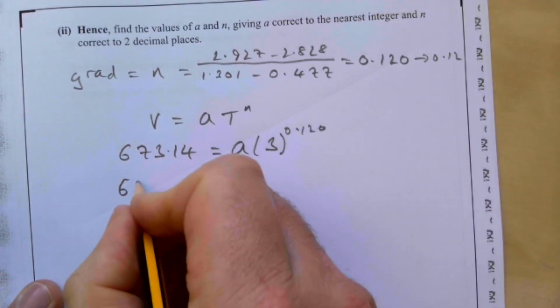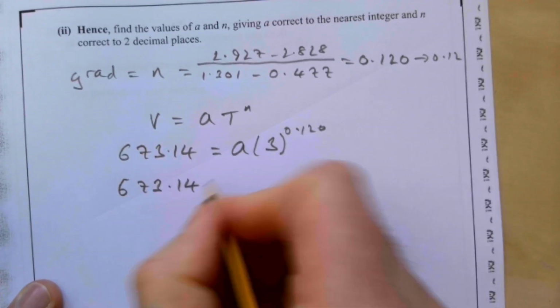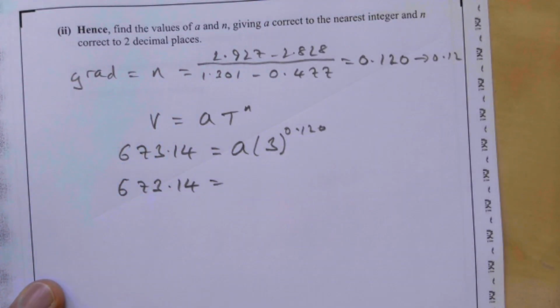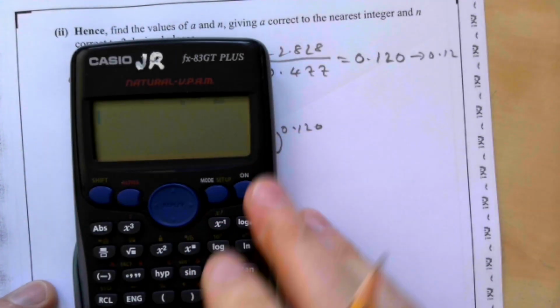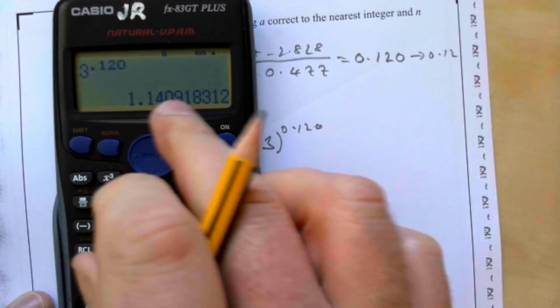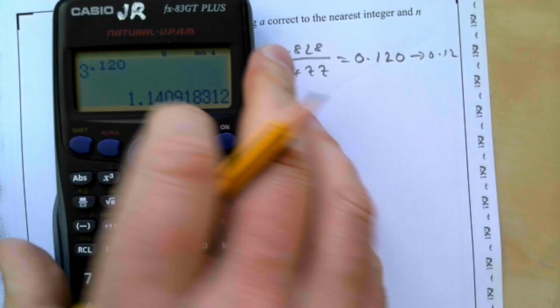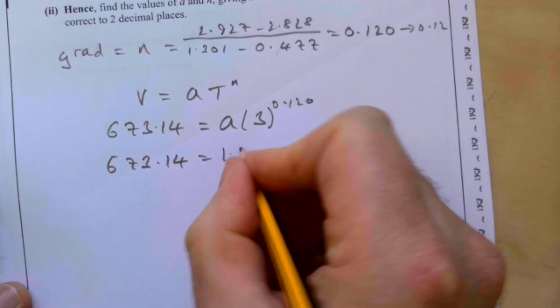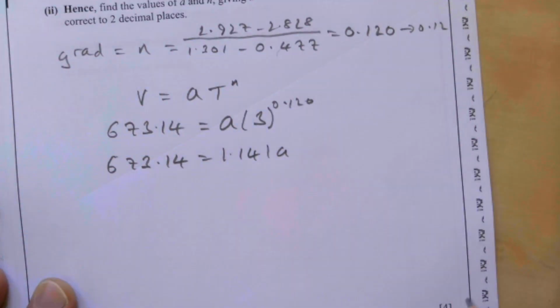That gives me 673.14, 3 to the power of 0.120, and that gives me 1.141a.